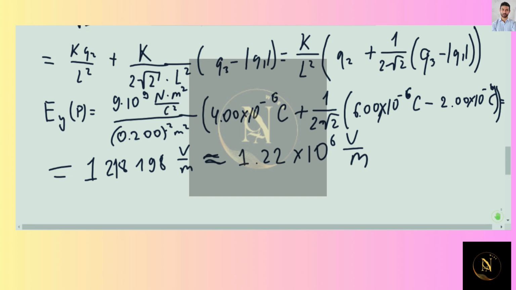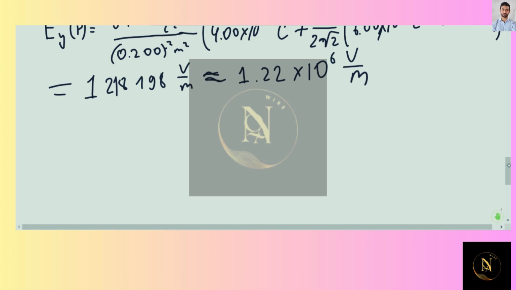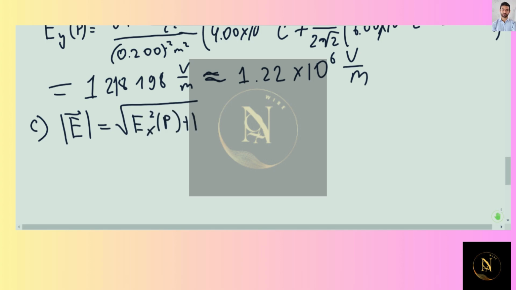Okay, so we've calculated the Y component of the electric field. And now we can calculate the absolute value of the electric field. It equals the square root of Ex squared plus Ey squared.